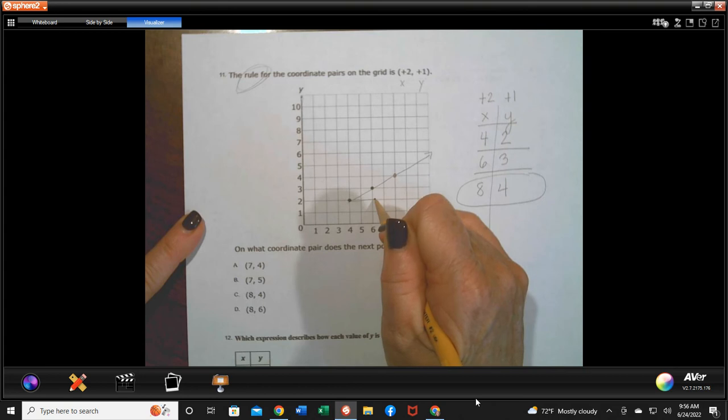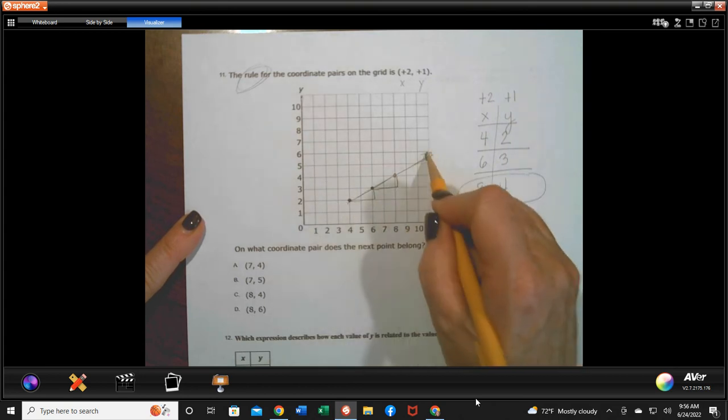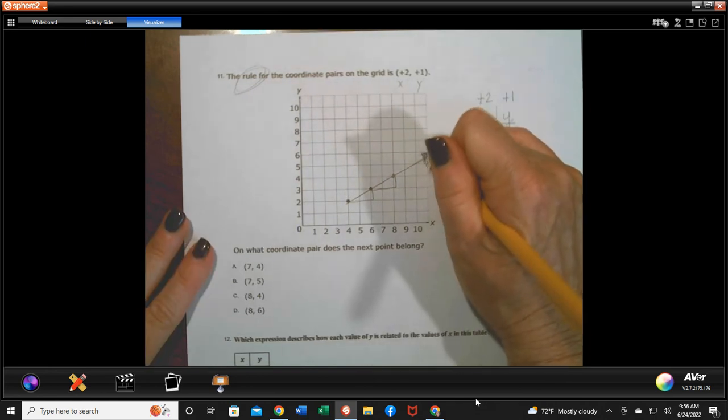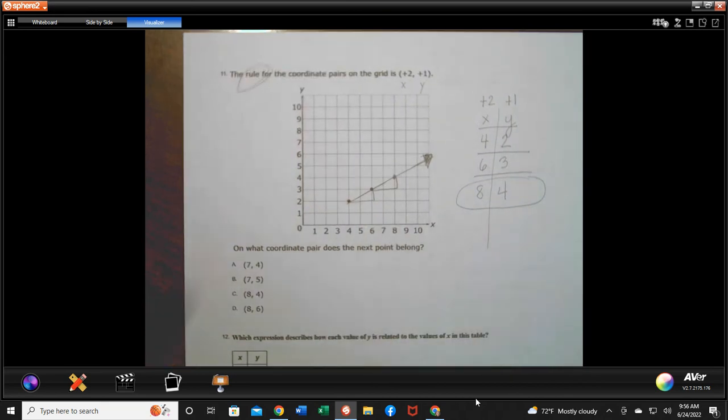We go over 2, up 1, over 2, up 1, and it creates that straight line. So I have a visual on the coordinate grid to confirm that that actually is the next point in the pattern. I didn't have to go that far, but I could just to check myself. 8, 4 is the next point.